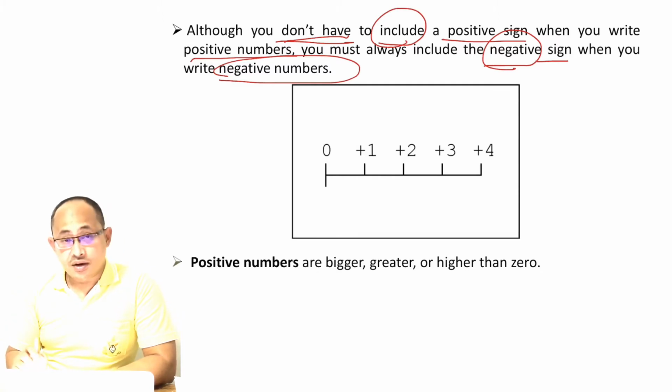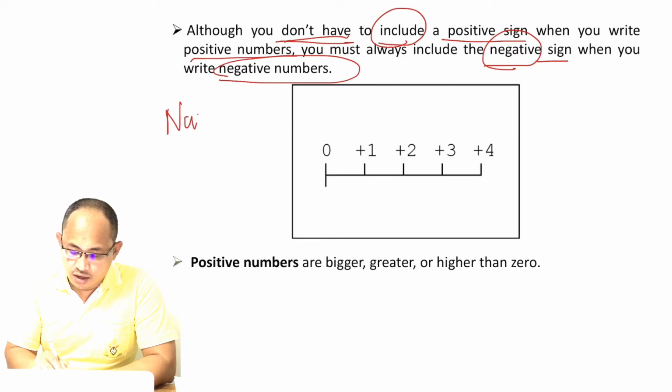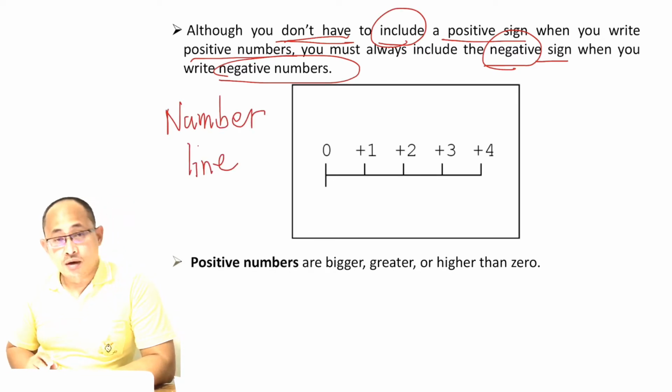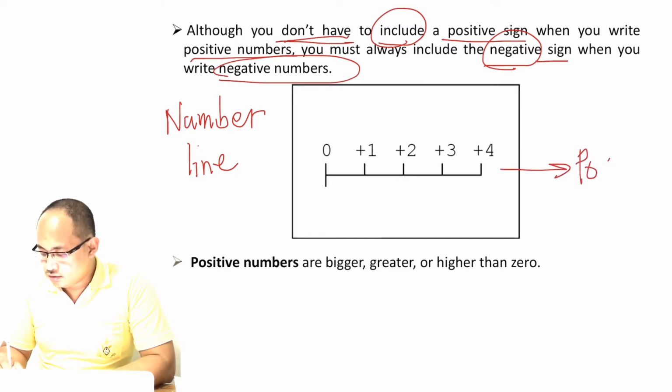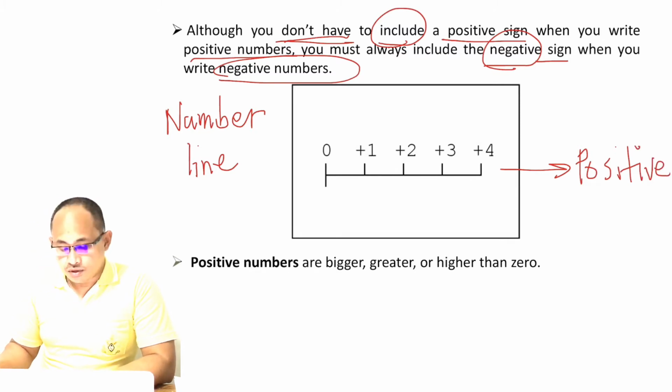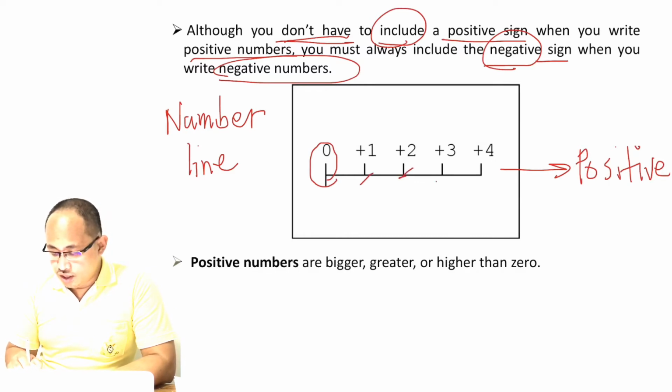Now, I have here an example. This is what we call a number line. These values here are all positive numbers. Notice we are going to start with 0. Now 0, positive 1, 2, 3, and 4.